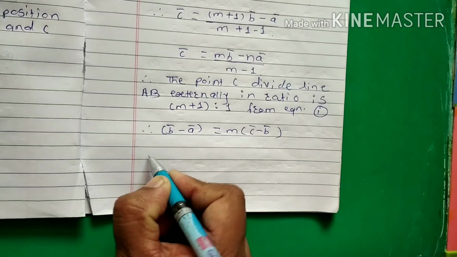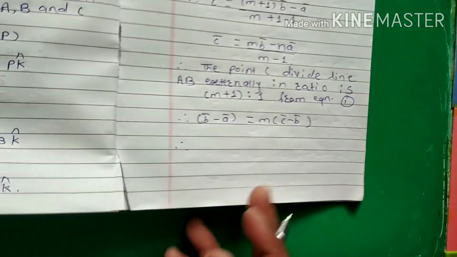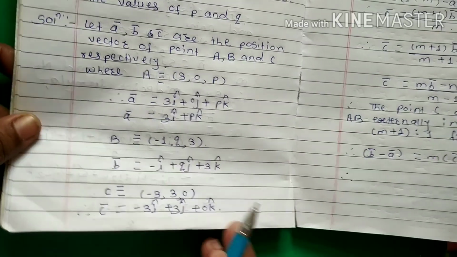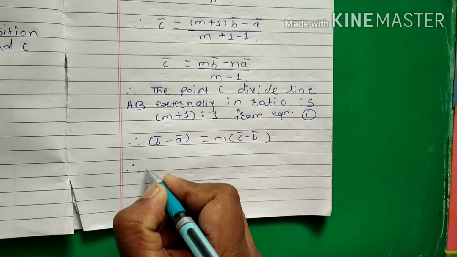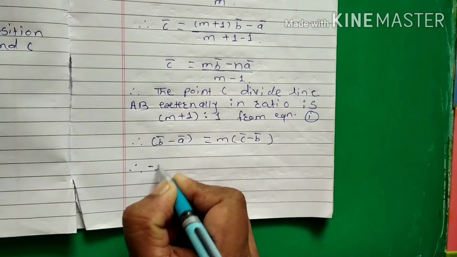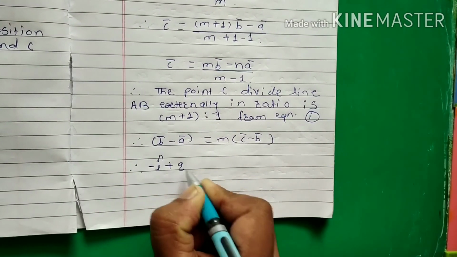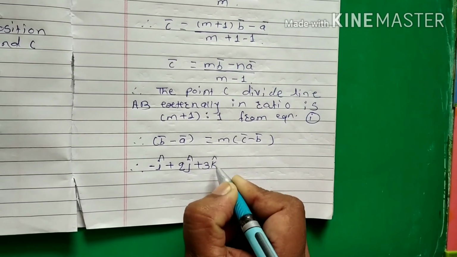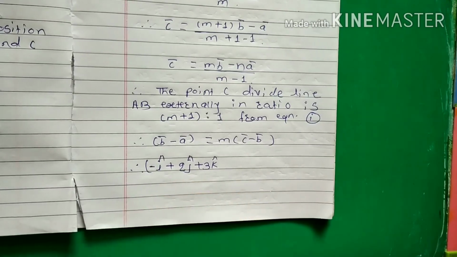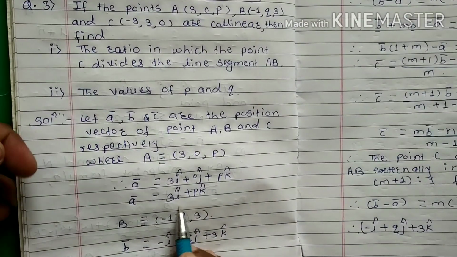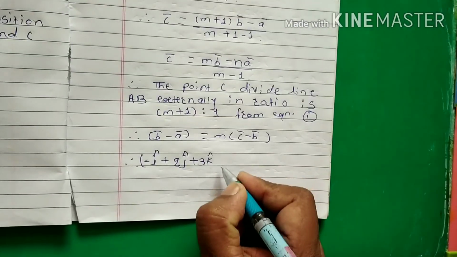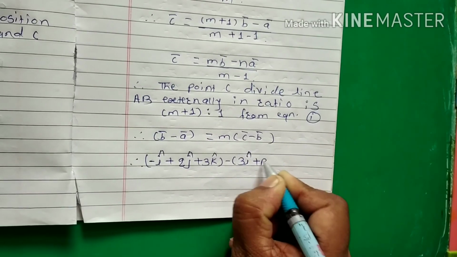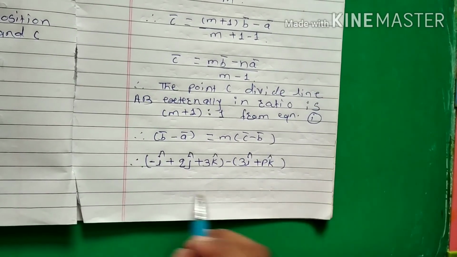We know that the value of B bar, as given, is minus i cap plus Q j cap plus 3 k cap. Then the value of A bar is 3 i cap plus P k cap. Then put here minus 3 i cap plus P k cap, it is the value of B bar minus A bar.